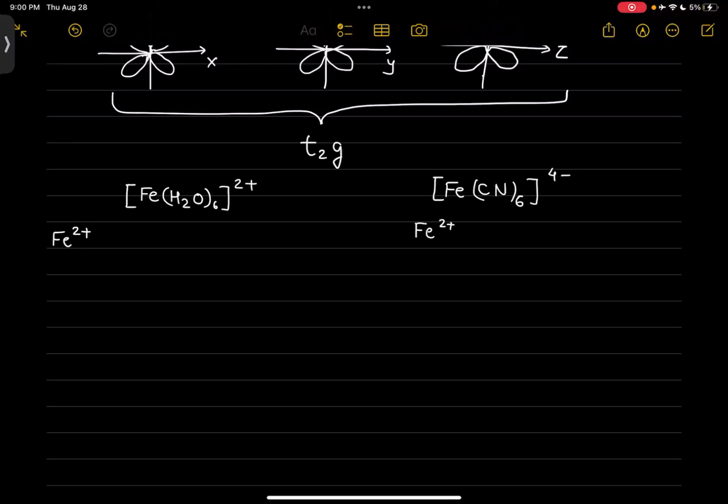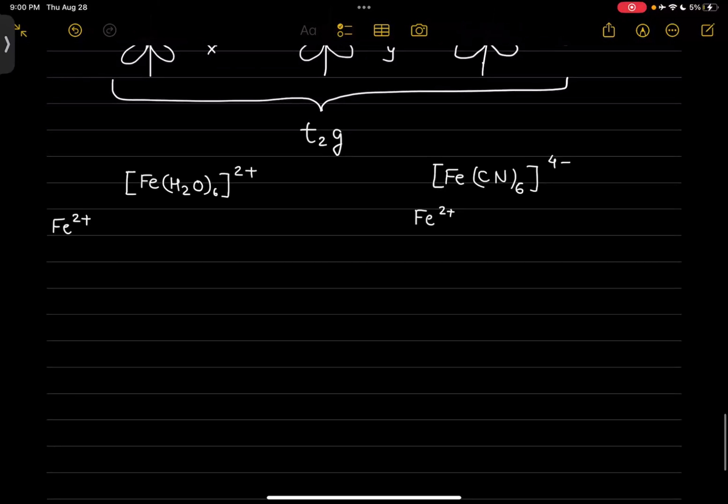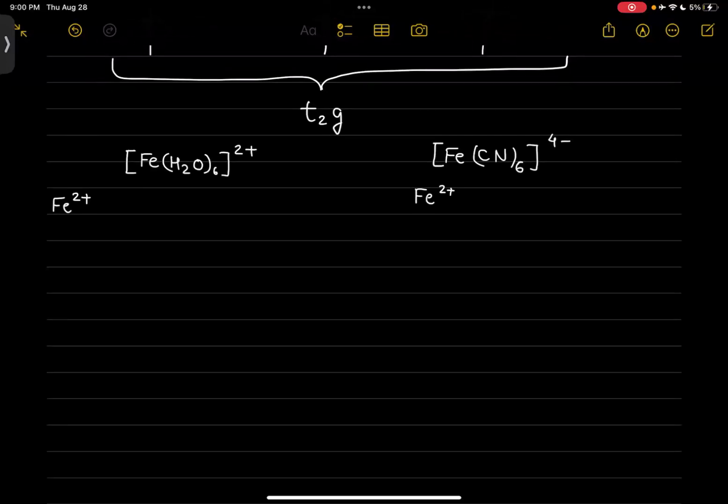Tell me. How many electrons? But as you can see here, iron is having the plus 2 charge. So with plus 2, 2 electrons are removed. Got it? So you have just argon 3d6.